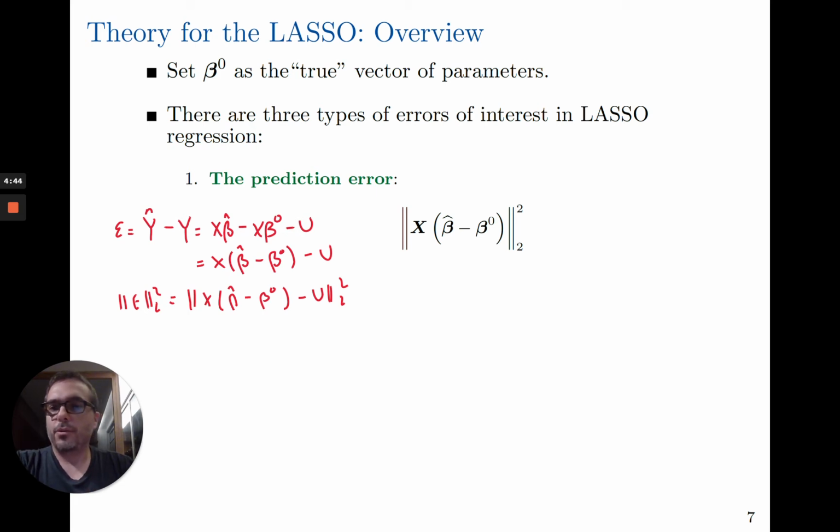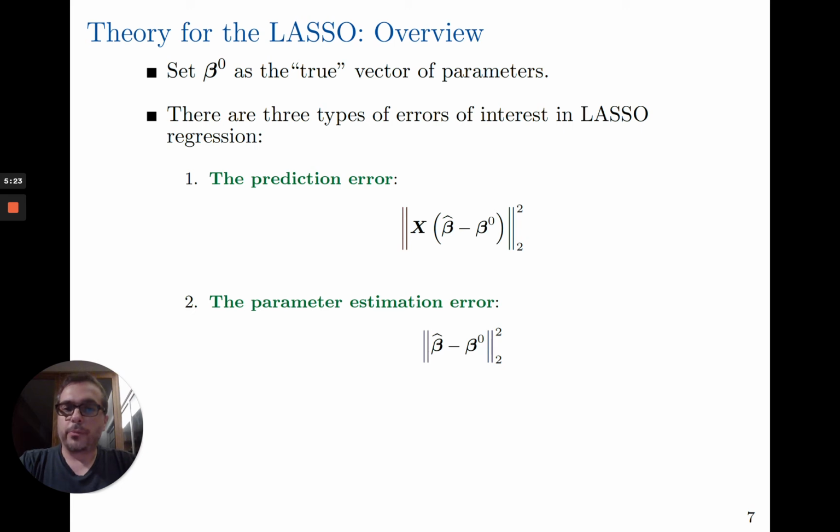So what we can work with is this thing here, because this involves the estimator beta hat. So we are going to focus on this component here. That's the error that we can make small if beta hat is close to beta naught. So that's why we are going to look into this error here. We may even be interested in taking the expectation of this quantity.